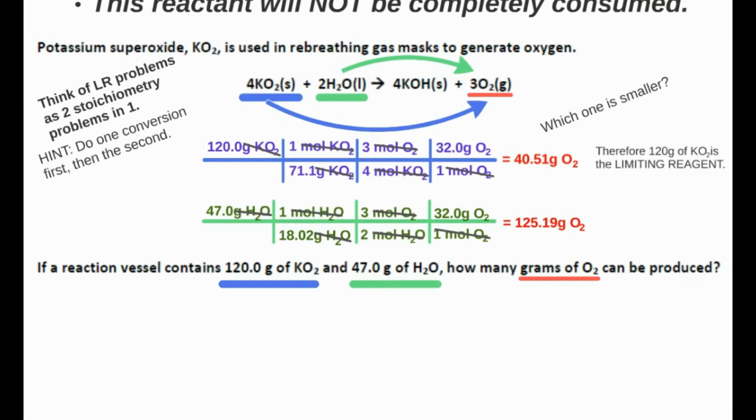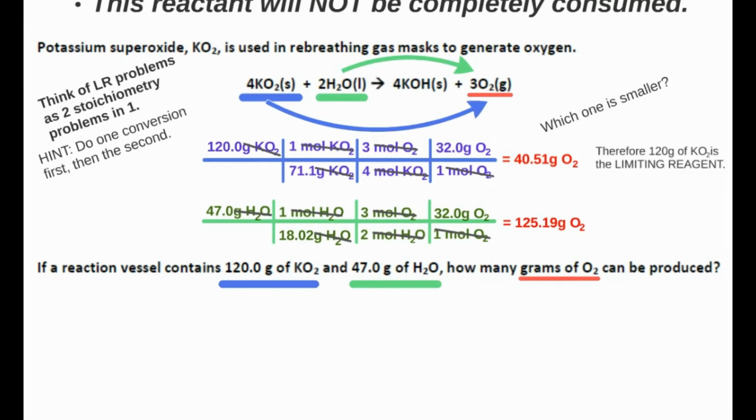It is a reactant. They're asking which of these two is the limiting, not these. These are products. You base your answer on the least amount of product. So your answer is not this. Your answer is 120 grams of KO2 because that was your reactant.